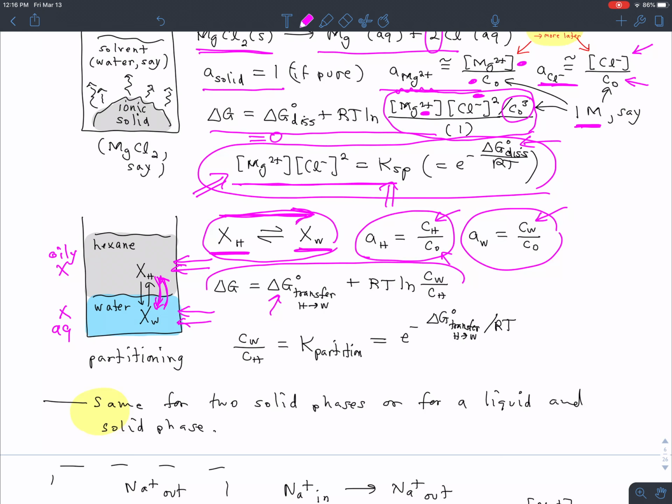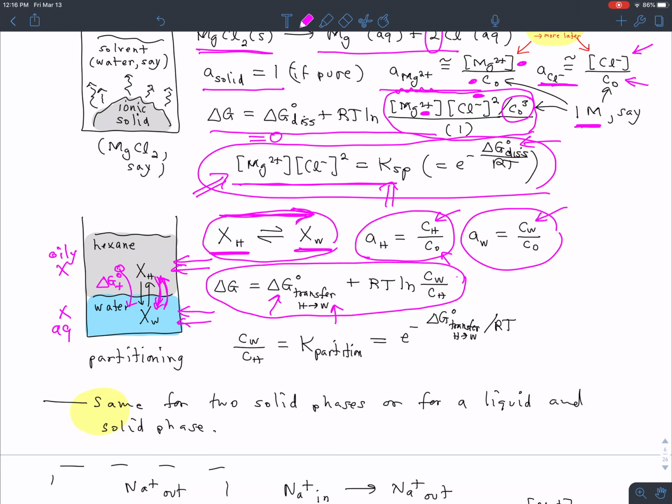The delta G expression is delta G equals delta G for transfer, right? So it's the free energy change when a molecule of X in the hexane phase transfers from the hexane phase to the water phase. That's the delta G that we need in this case.